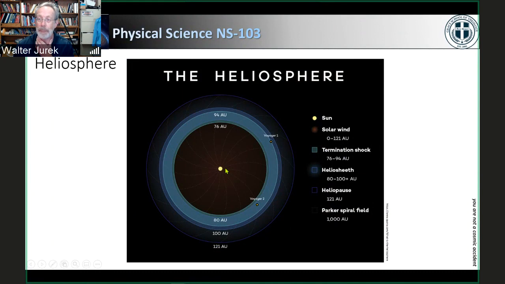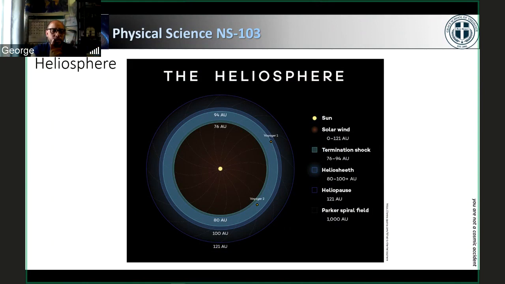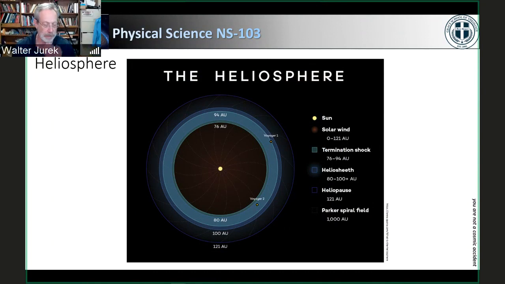Okay. Professor, a question. Are the Voyagers still accelerating? Like, since they have no friction, do they perpetually keep accelerating and going faster and faster? Let me think about that for a second.